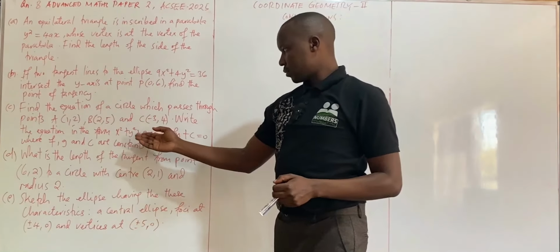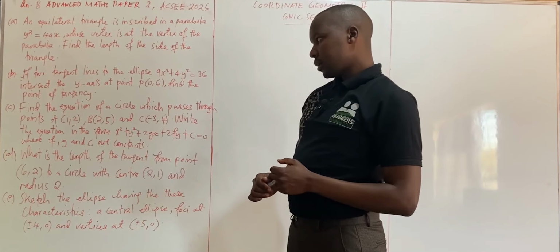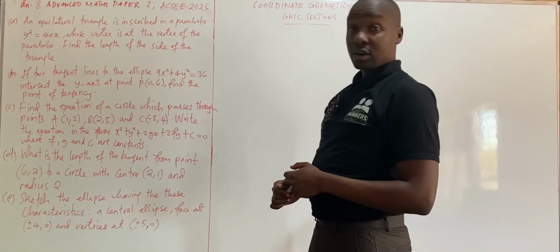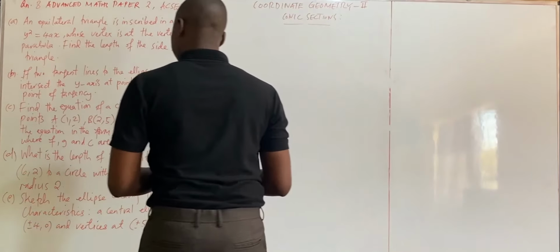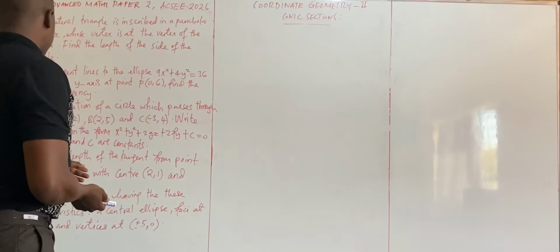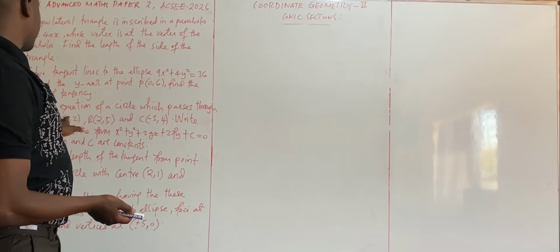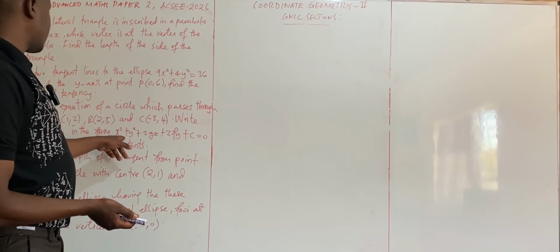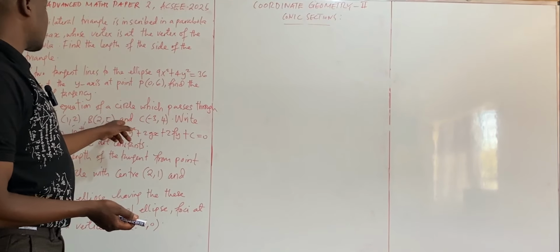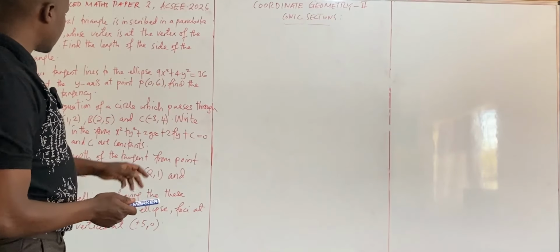This is the standard form of the circle, where f, g, and c are constants. If all these points pass through the circle, it means the circle passes through them, so these points satisfy the equation of a circle. So we start with that idea.